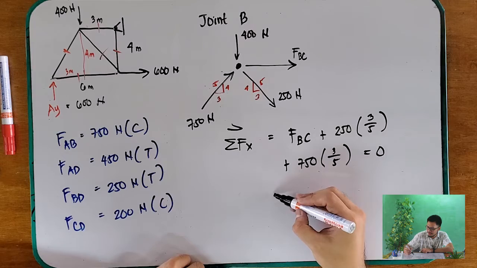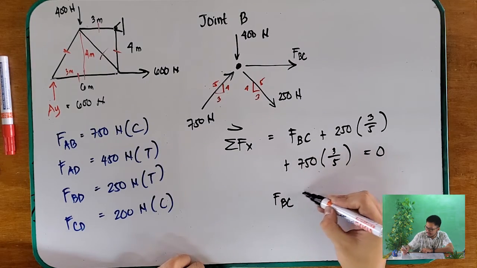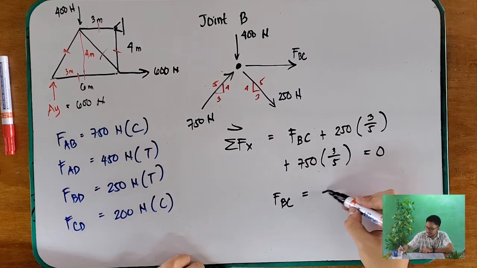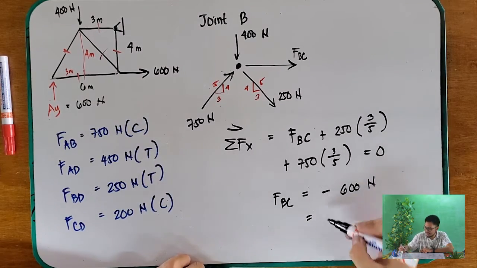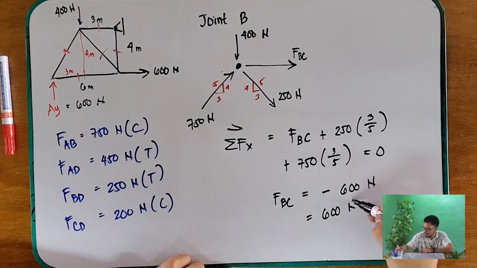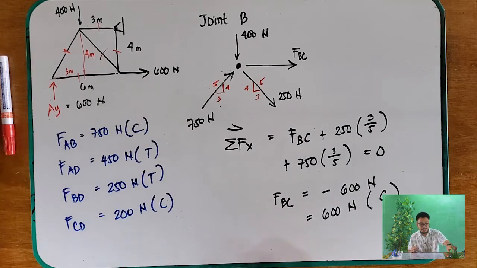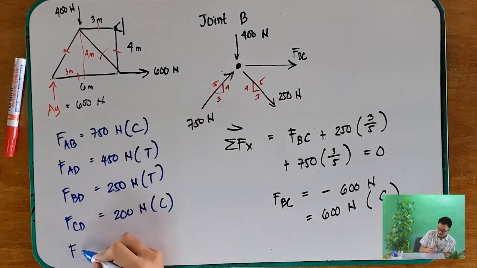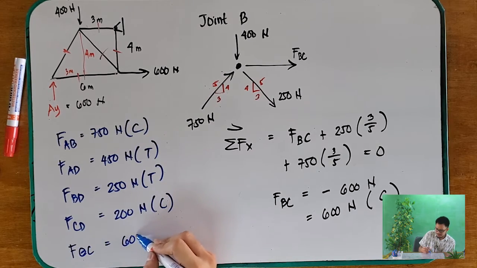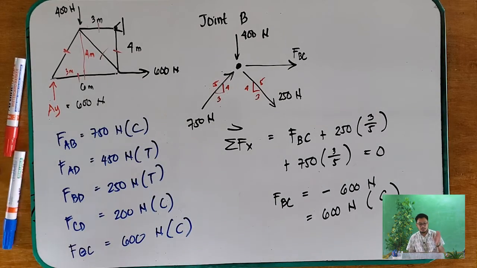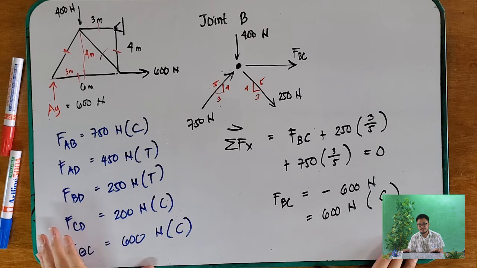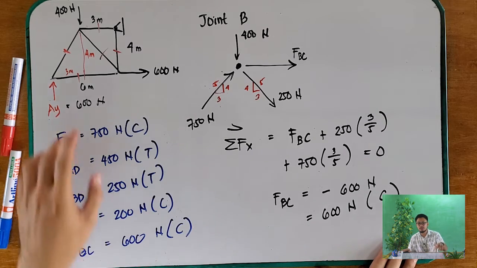So therefore, your FBC is equal to negative 600 newtons. And to make it positive, then 600 newtons, and that is compression. So update: FBC is equal to 600 newtons compression. So this is the final answer of your problem.